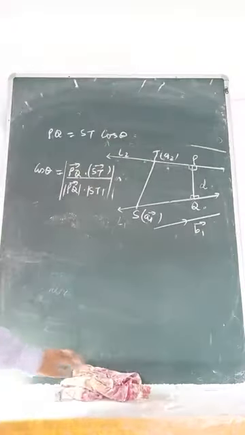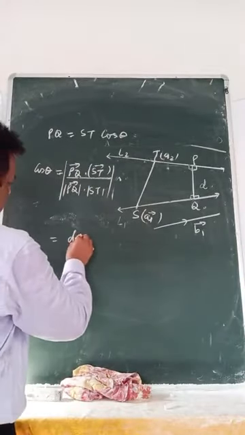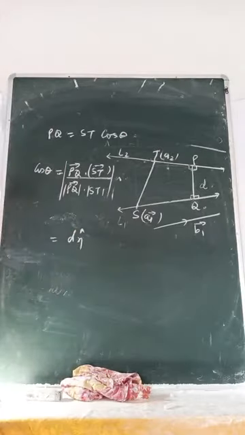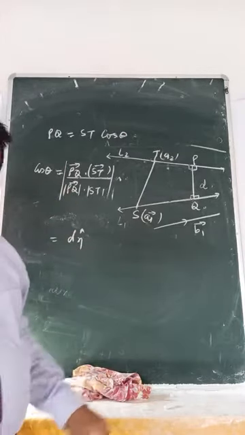What is PQ then? PQ is D times dn cap. This is dn cap.